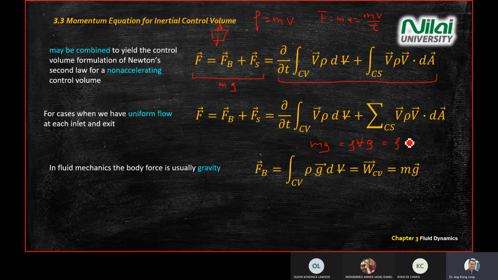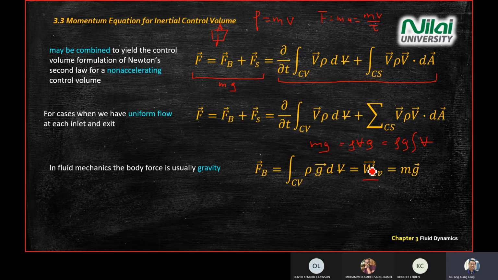So you take rho g, integrate over your volume. What happens in the control volume is the integration of rho g dV. And this one, the mg, is the weight that you learned in your physics.